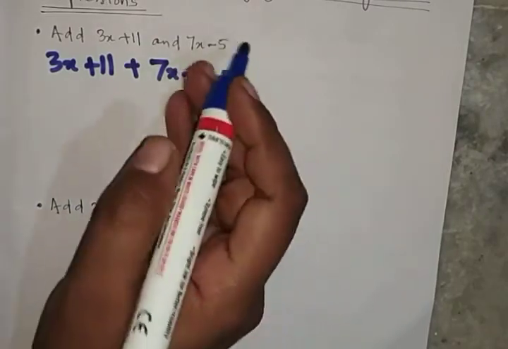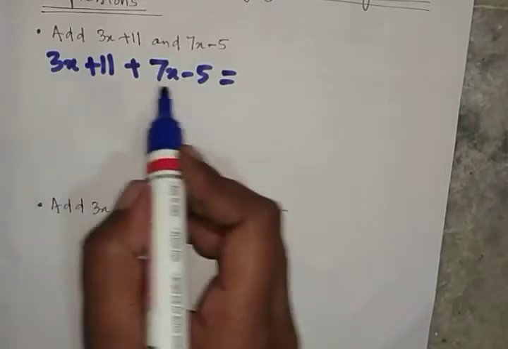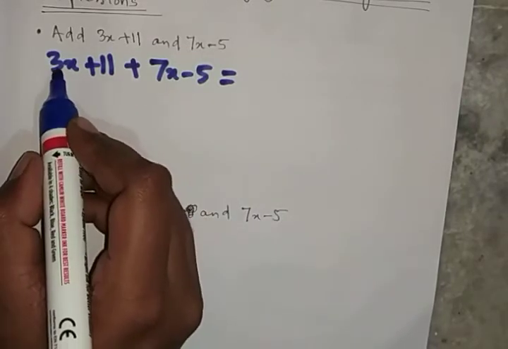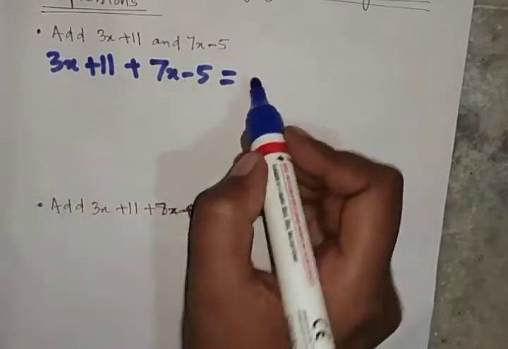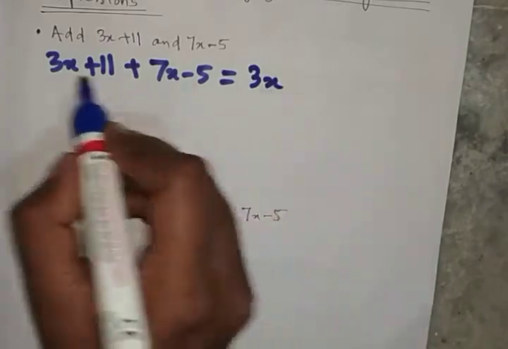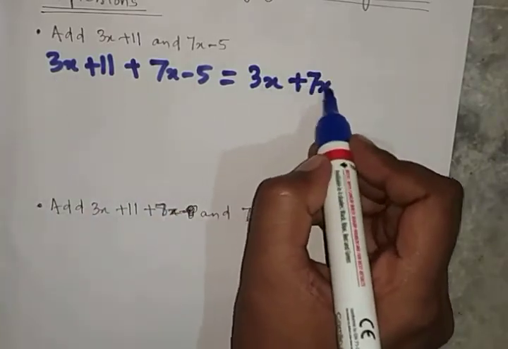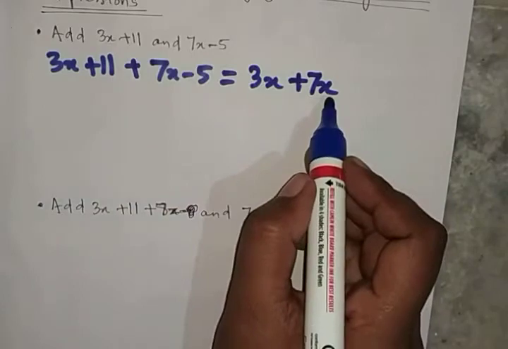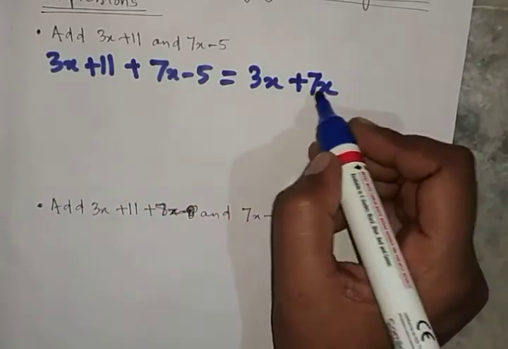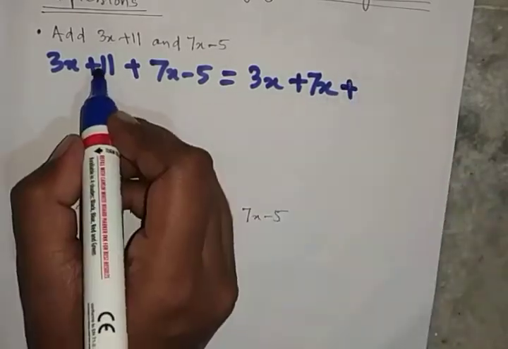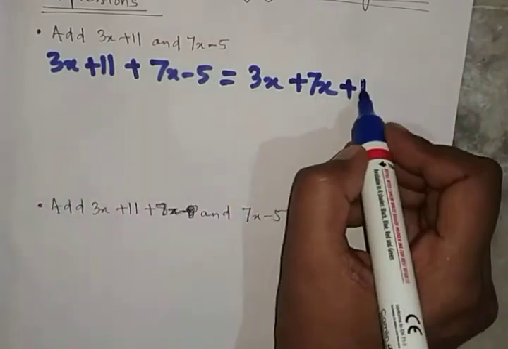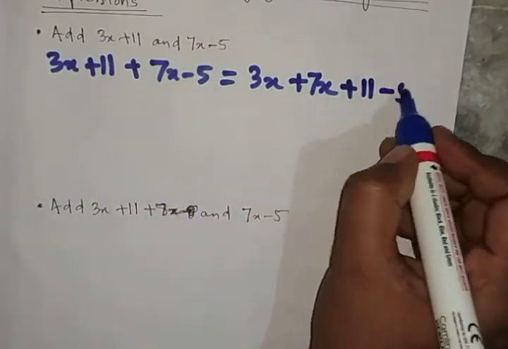First you place like terms near each other. Here the like terms are 3x and 7x, so put 7x near 3x. We have placed the two like terms. Then you put the other like terms together, plus 11 minus 5.